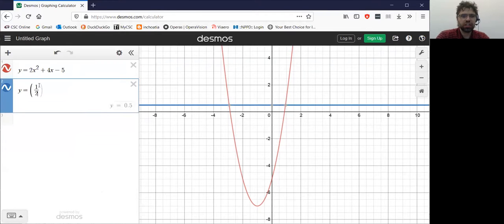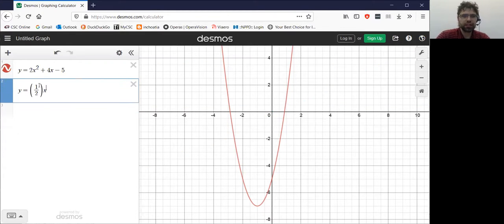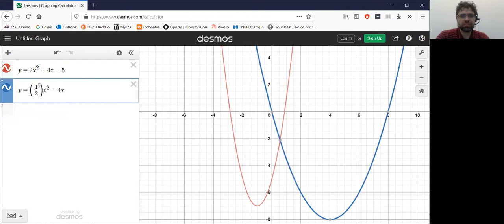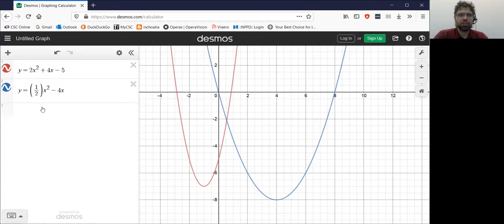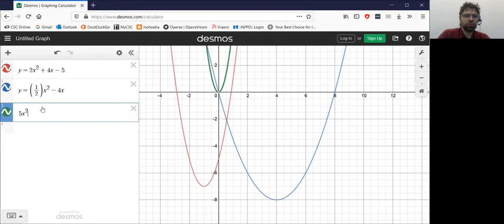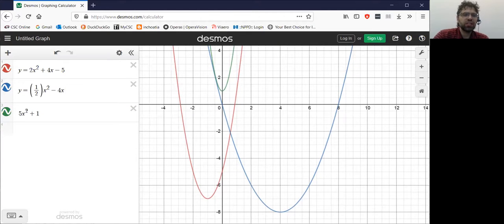Here, let's say 1/2 x squared minus 4x. Here's another parabola, maybe 5x squared plus 1. This is a quadratic.